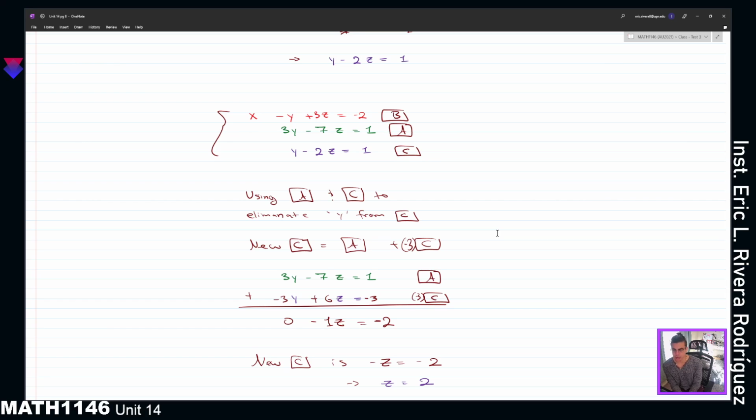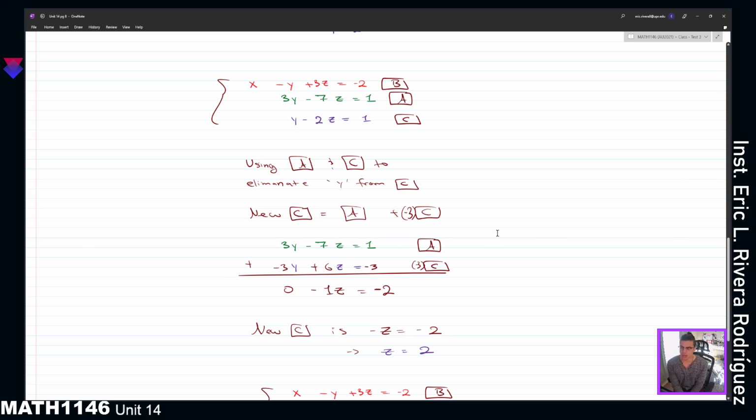We don't want to use B, because if we use B, we are going to put back the x term into one of those equations. So that's why we need to avoid using B in this case. Otherwise, you will be going back, working around in circles.